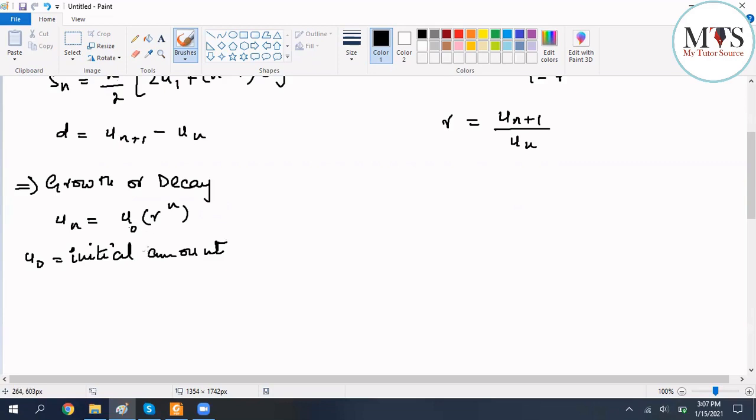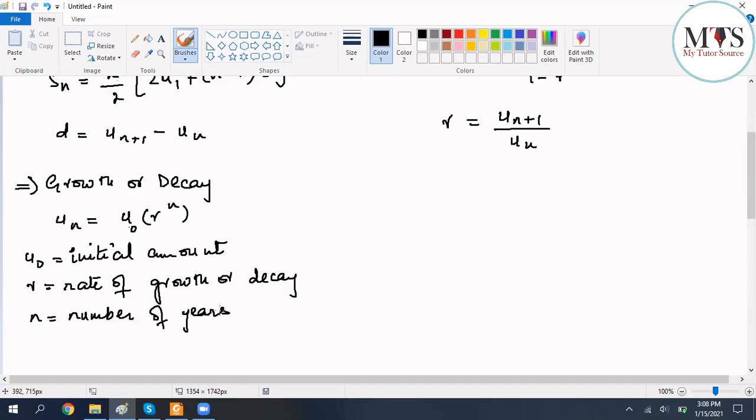R is your rate of growth or decay, depending on the case of the question. N is your number of years.